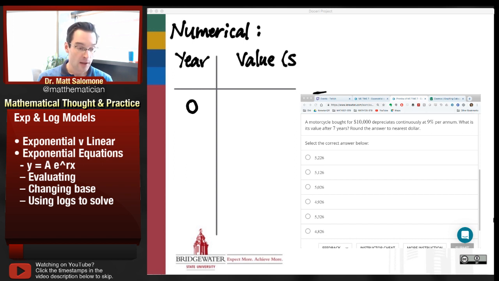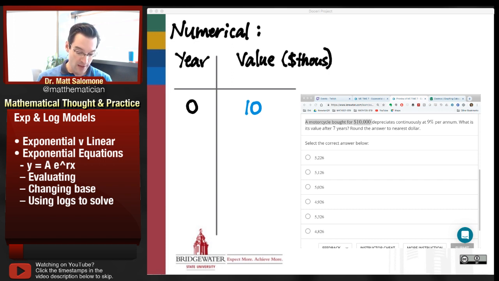And let's have this measured in thousands of dollars, just so that I have numbers that are a little bit easier to work with. So according to this problem, the motorcycle was purchased for $10,000. And so what that tells me is that in year 0, the value of this motorcycle can be said to be 10. So this one data point here is telling me about the purchase of this motorcycle.